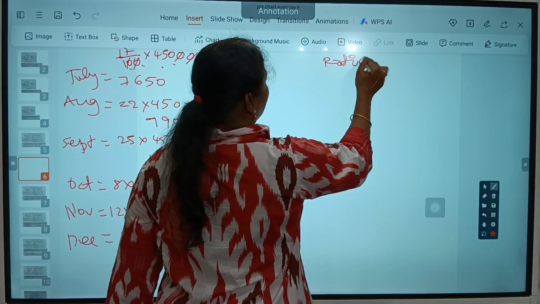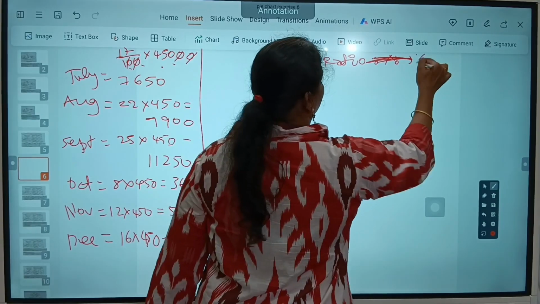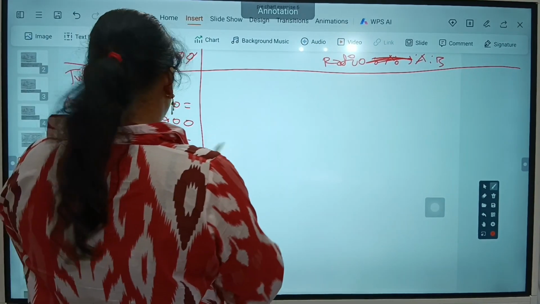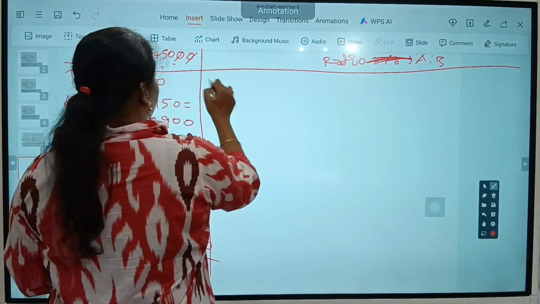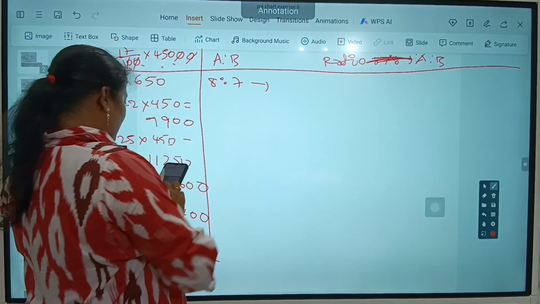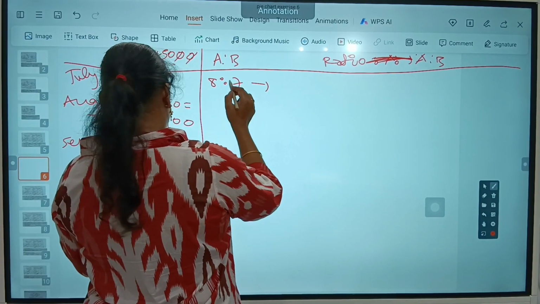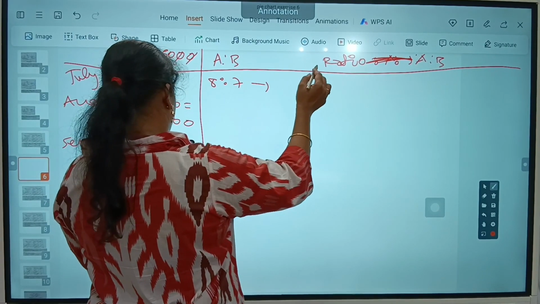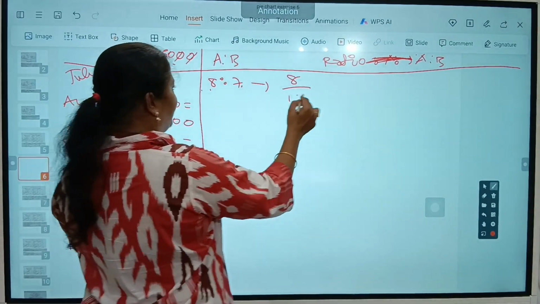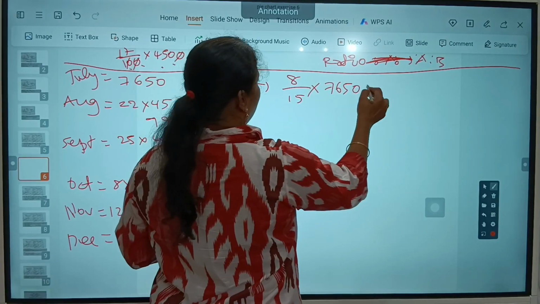Ratio A:B. So in the month of July it will be 8:7 for company A:B. So we will calculate 8 plus 7, 15, into 7650.